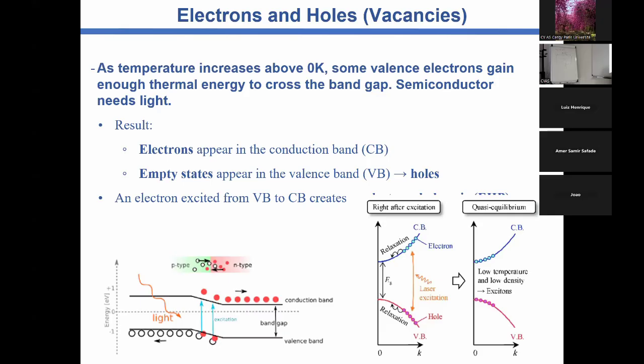We create one electron in the conduction band and one hole in the valence band. So if we use one photon, we will have one electron and one hole. If we use n photons, we will have n electrons and holes created.